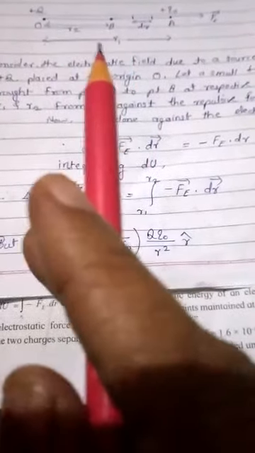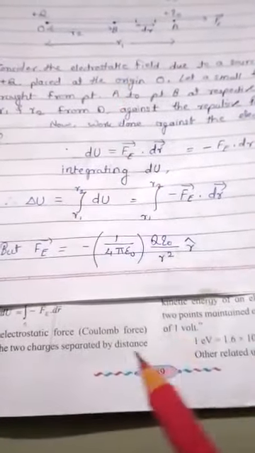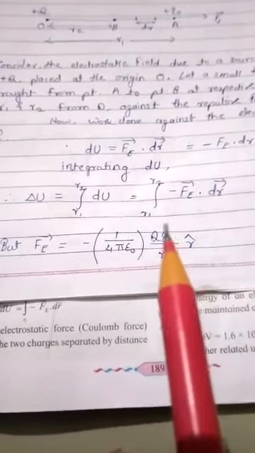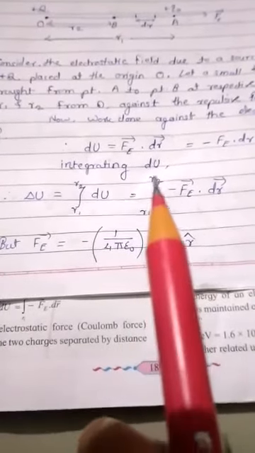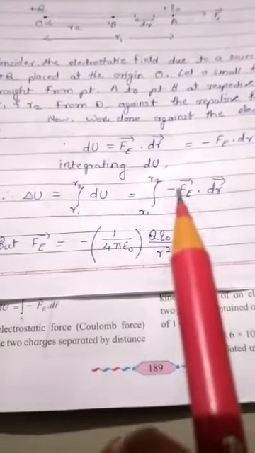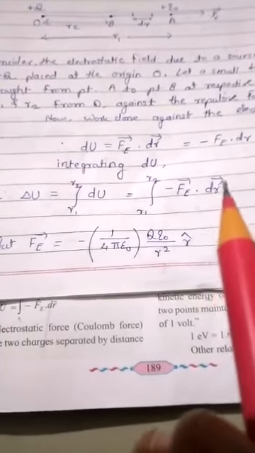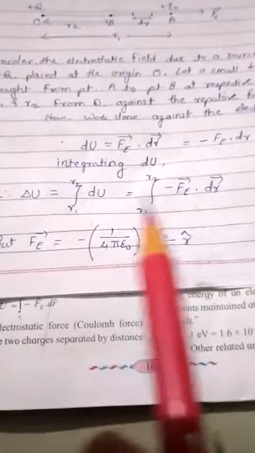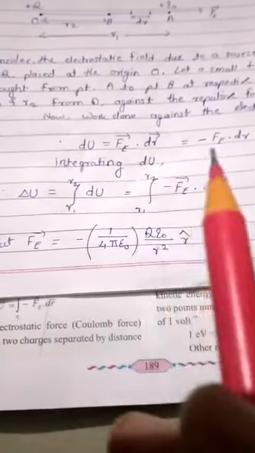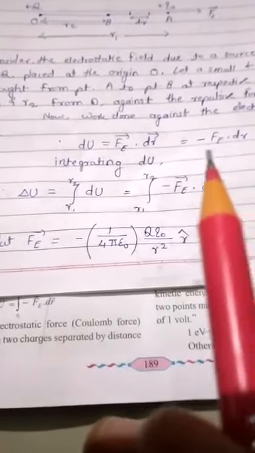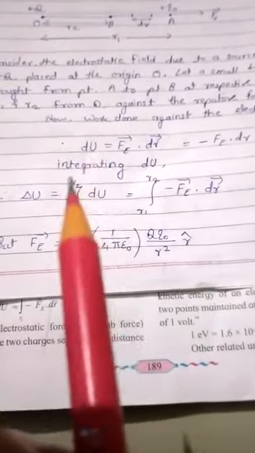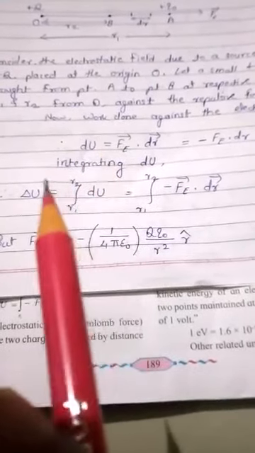Okay, distance is R1 to R2. So here we are considering the integration from R1 to R2 of minus Fe vector into dr vector, because dU means energy, means work done, force into displacement. From the above expression we find this formula.